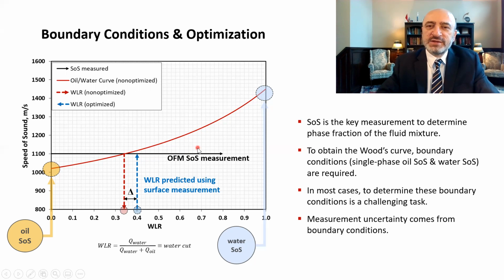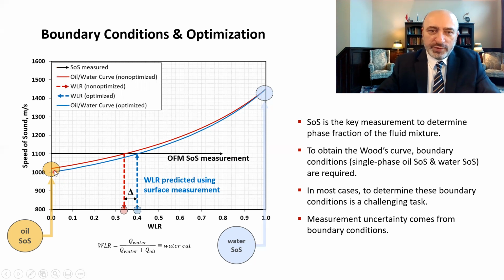Now, the main idea of the optimization is to push down this Woods curve so that it goes through this new intersection point, presumably the correct intersection point, and then it will also give us a new boundary condition on the single-phase speed of sounds. So let's demonstrate this case.